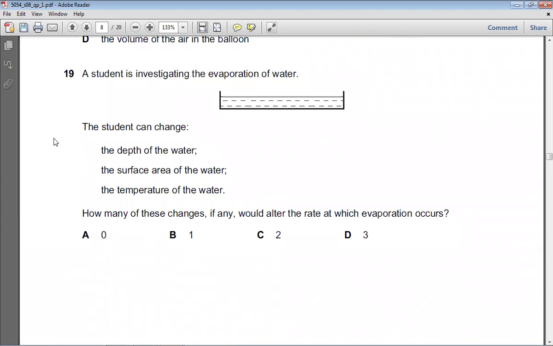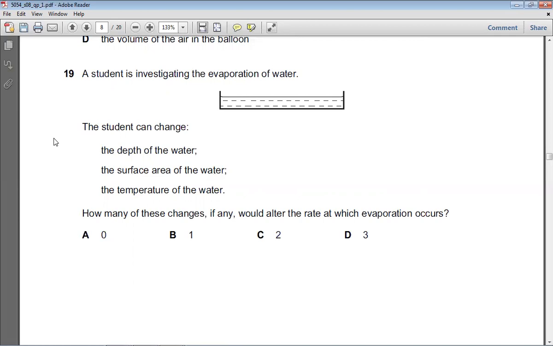A student is investigating the evaporation of water. The student can change the depth of the water, the surface area of the water, the temperature of the water. How many of these changes, if any, would alter the rate at which the evaporation occurs? So you see, the depth of the water has no effect on the rate of evaporation. The surface area of the water definitely has an effect on the rate of evaporation, and the temperature of the water also affects the rate of evaporation.